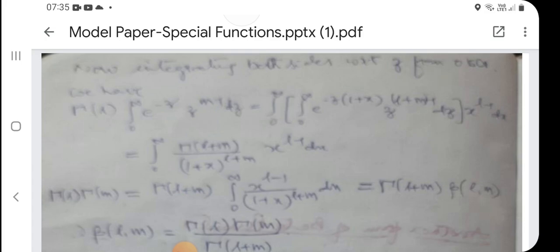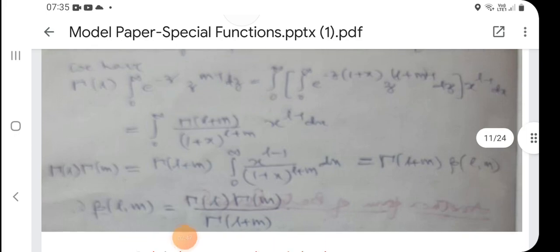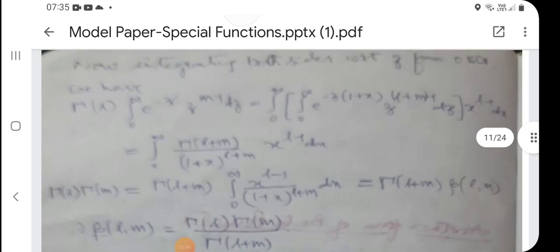The integration written within the brackets is nothing but gamma of L plus m divided by 1 plus x whole to the power of L plus m, into x power L minus 1 dx.